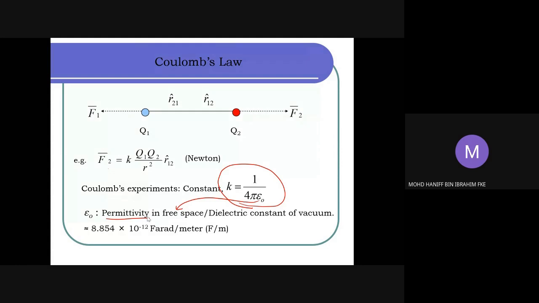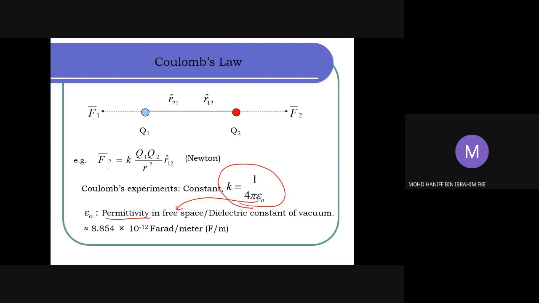That's why we have the word permit: it means the field is able to pass through the medium. The permittivity for the electric field in free space is defined by the constant epsilon naught, which is 8.854 times 10 to the negative 12, in units of farad per meter.